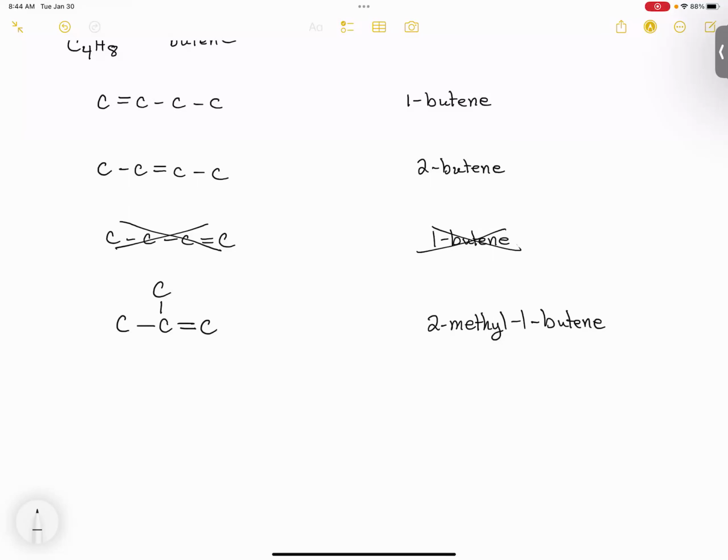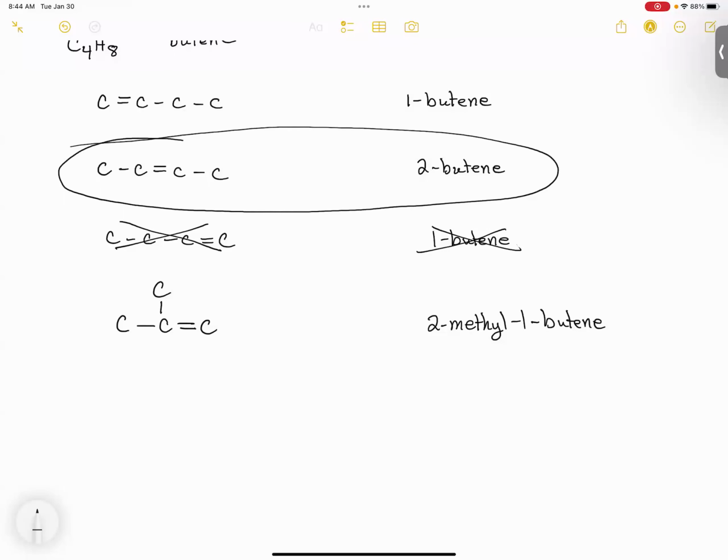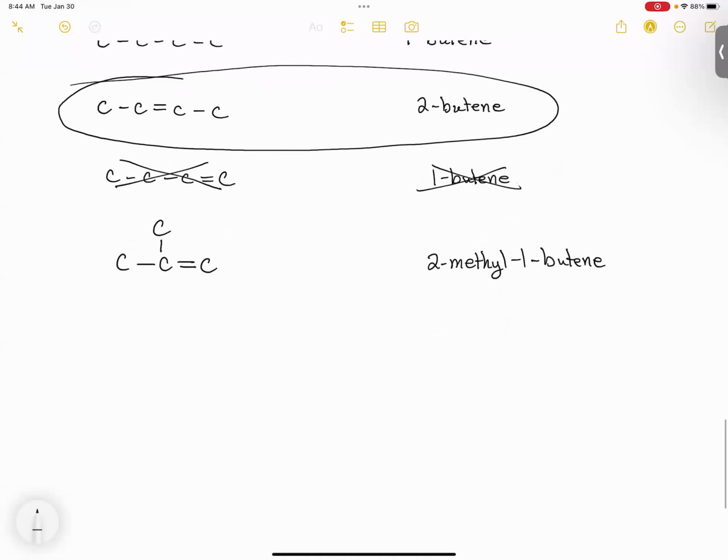But here's the thing. There are actually 2 versions of 2-butene. So I need to introduce a new concept.